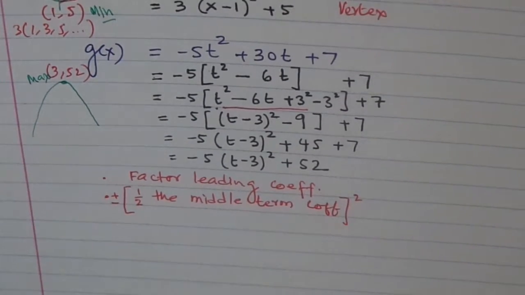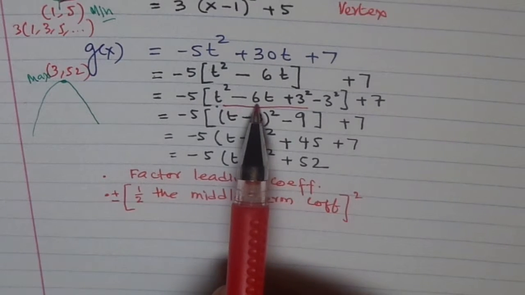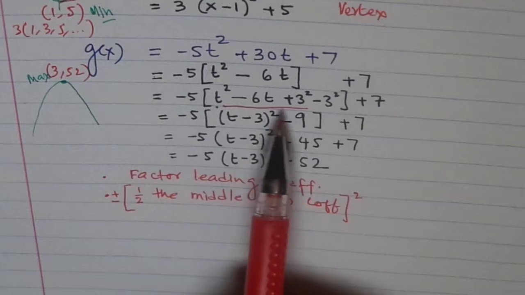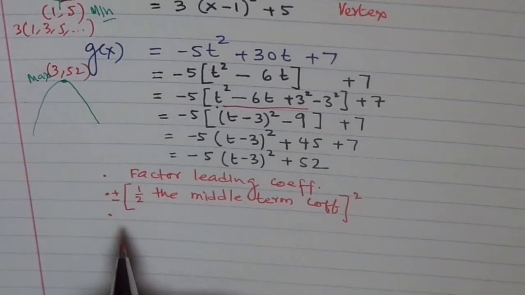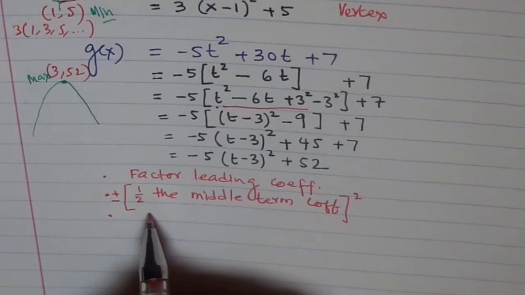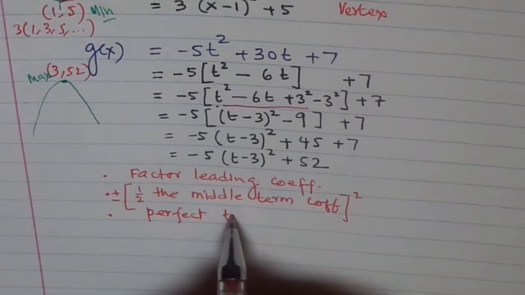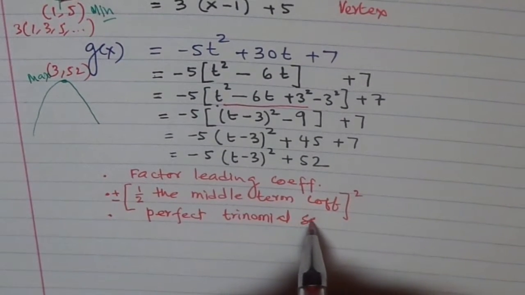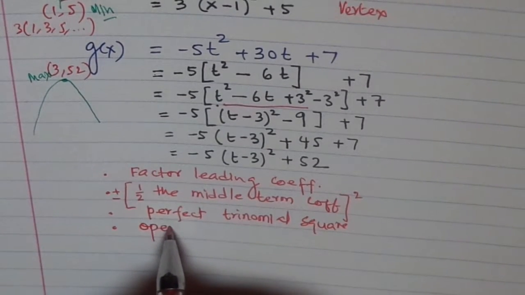Do you see that? So in this case the middle term was 6t and the coefficient was 6. So you do half of 6, which is 3. Add and subtract 3 square. Then what happens? Then you get a perfect square, right? So you get a perfect trinomial square. And then finally open brackets, right?